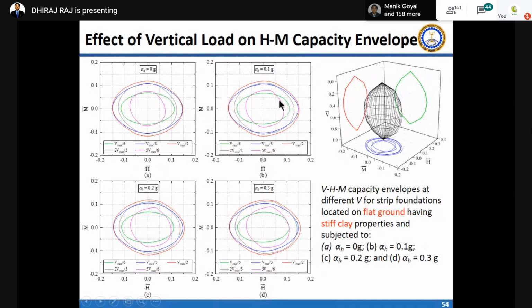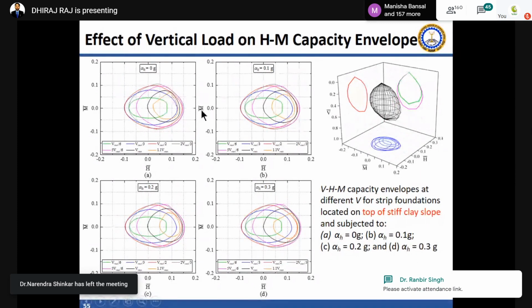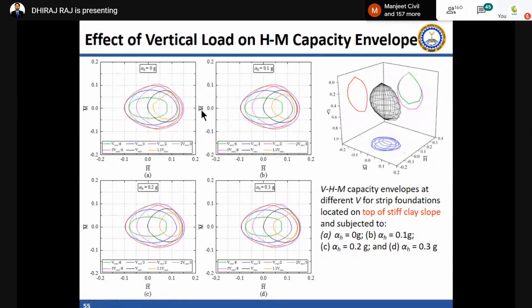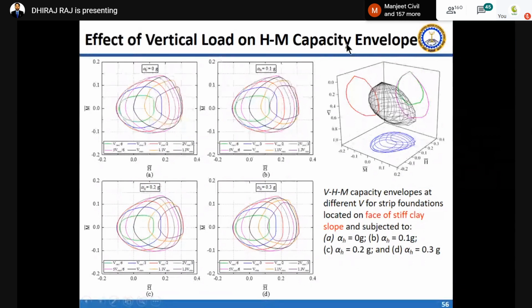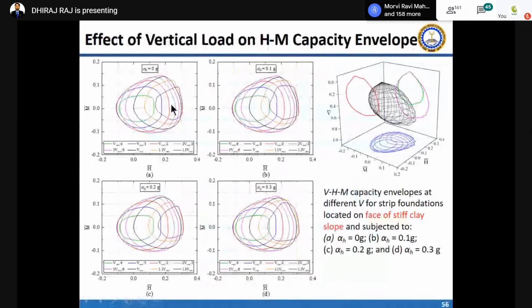But if you keep this foundation on slope, it is asymmetric, and you can see the asymmetric shape. Also, the locus is shifting towards the right. Similarly, if the foundation is kept on face of slope, the locus is also shifting to the right side. And yeah, this is quite complicated right now, so I'm making it very easy. Why is it happening?